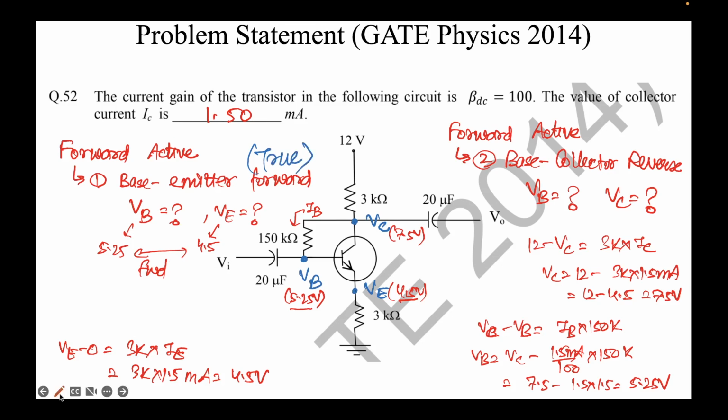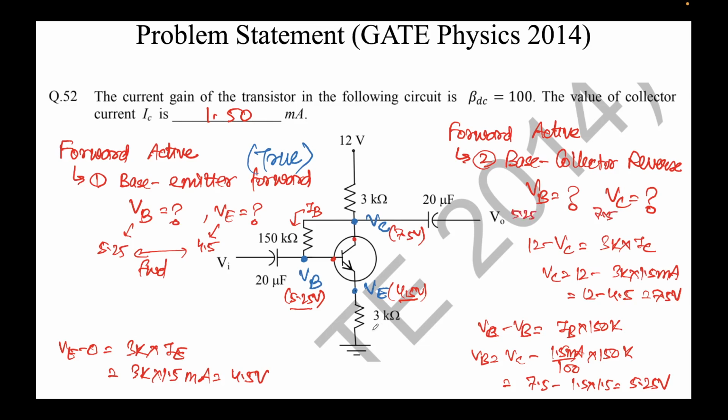What about the second assumption? Let's check that also. Note this is N type and this is P type. So we see that the N type collector is at 7.5 volts, while the base is at 5.25 volts.